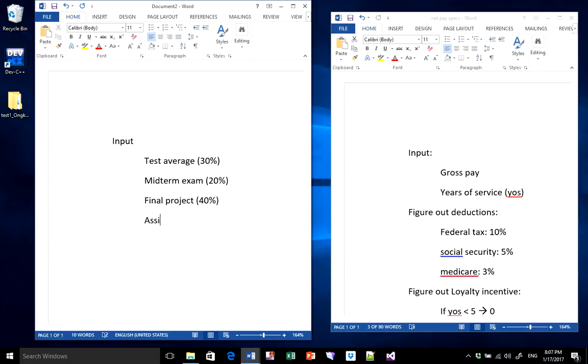And assignments, which is 10% of your grade. So that's the input, and then the output is the numeric final grade and the letter grade equivalent.